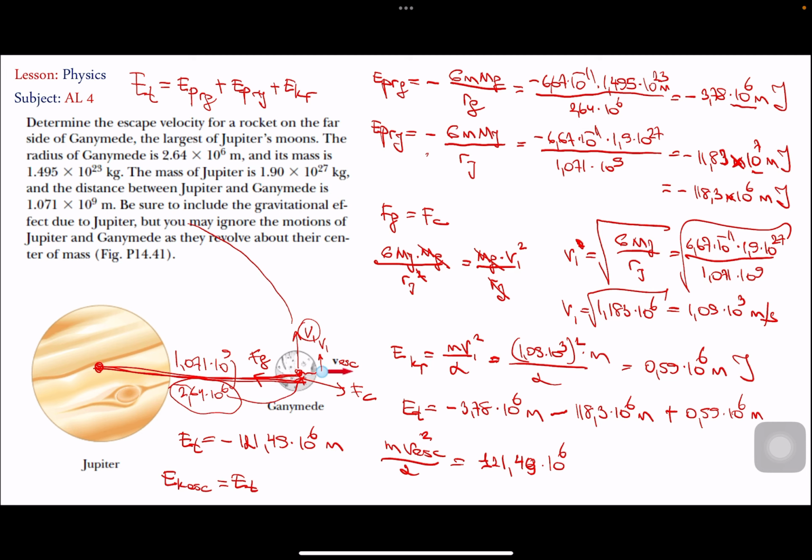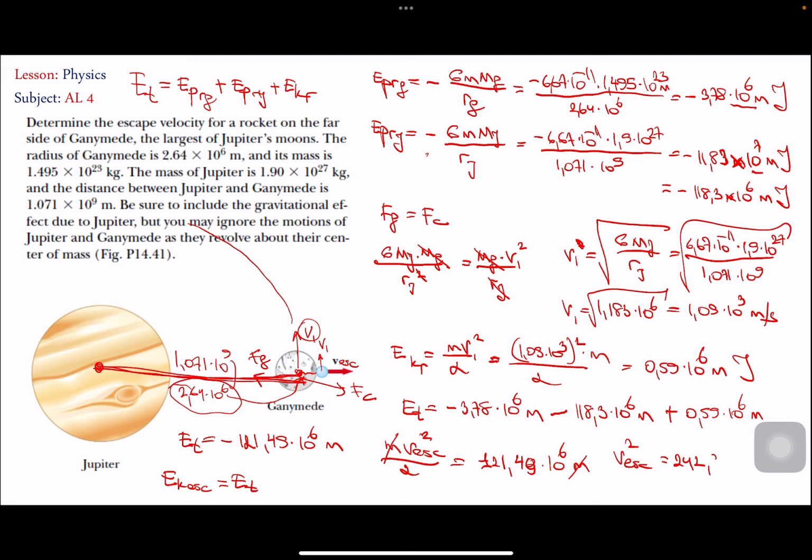So you see here the masses are simplified now. So my escape speed squared will be equal to 249.98 times 10 to the power 6.